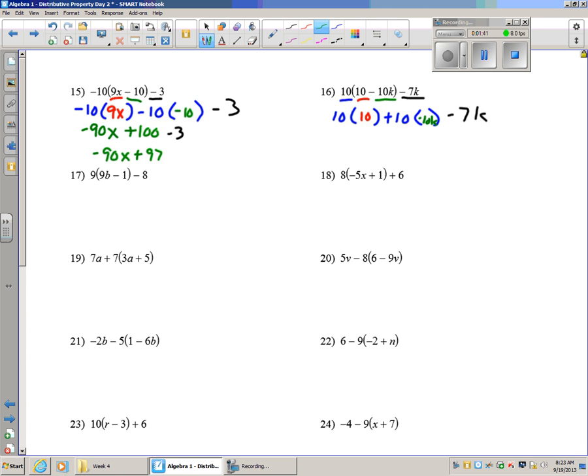So 10 times 10 is 100, and 10 times negative 10k is negative 100k. And the negative 7k just drops down. Now I list all my k's first. So negative 100k minus 7k, that's negative 107k, and then plus the 100 that just drops down.